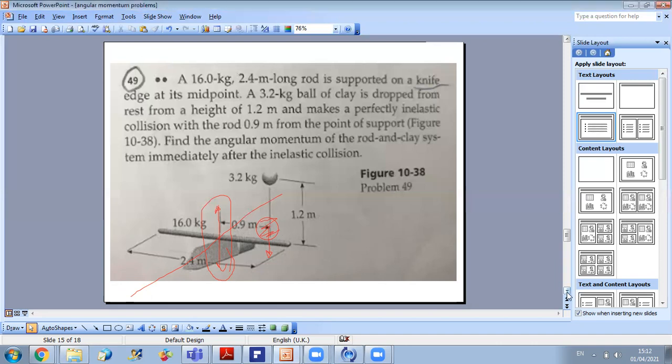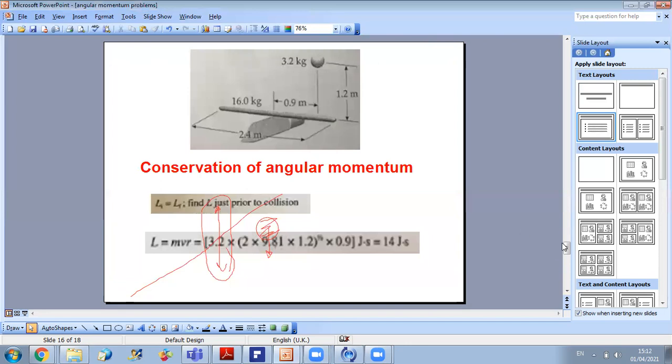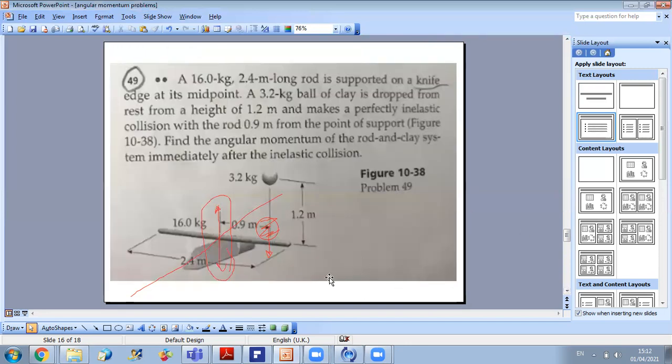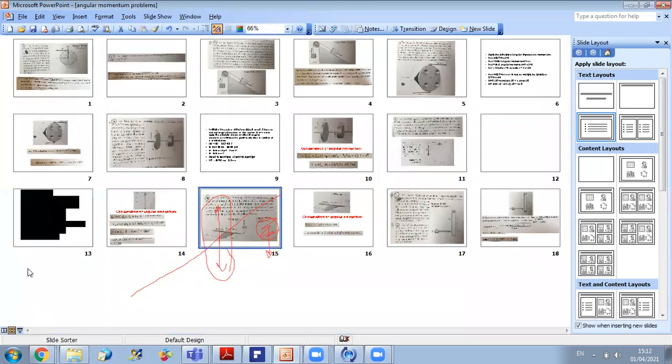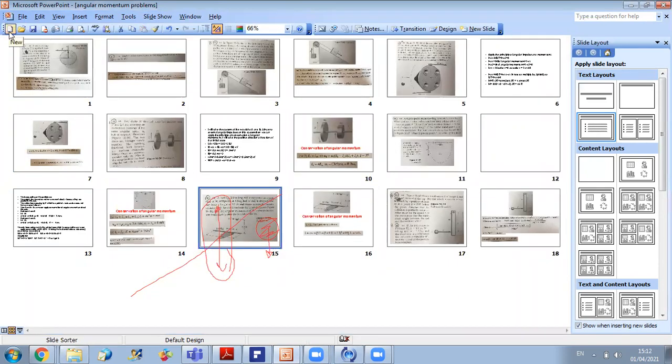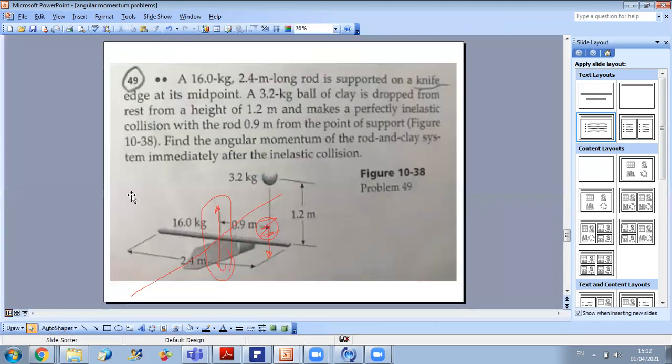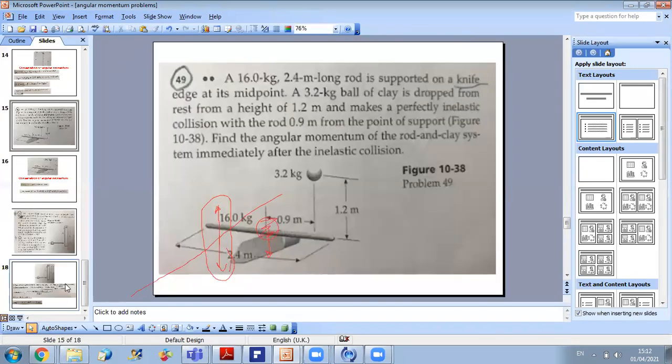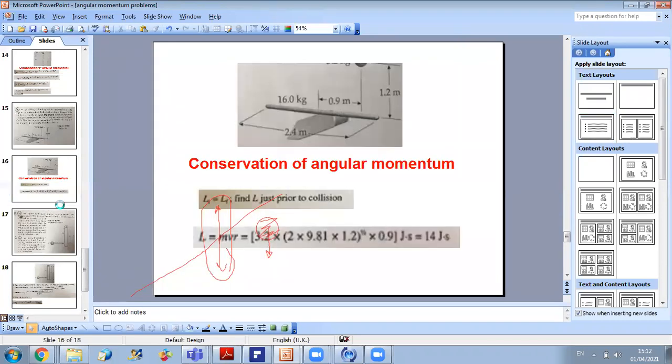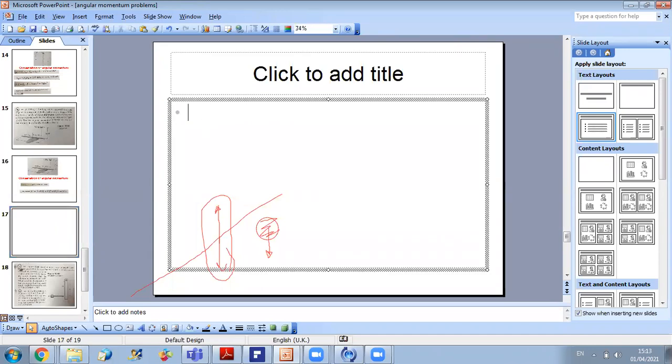So now let us write this. So take as a system the rod and the ball.